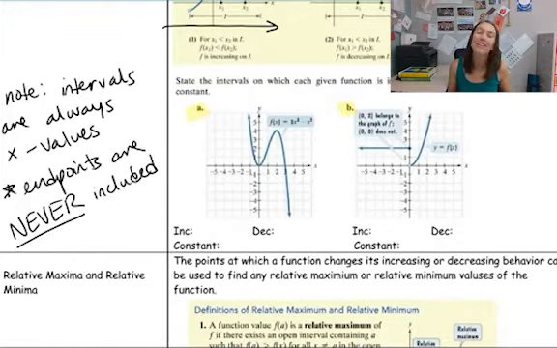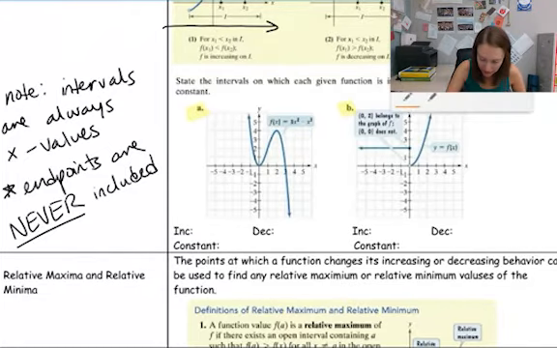I can go over why really quick. Basically, if I'm increasing and then it stops increasing, well, it stops increasing, so we wouldn't include that point because at that point we're not increasing anymore. Why endpoints aren't included with constant intervals, I'm not sure. Maybe because at that point we stop and we're no longer constantly going in the same direction. But in any case, endpoints are never included.